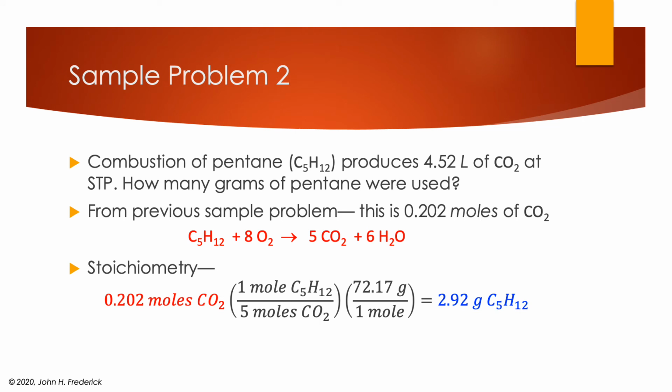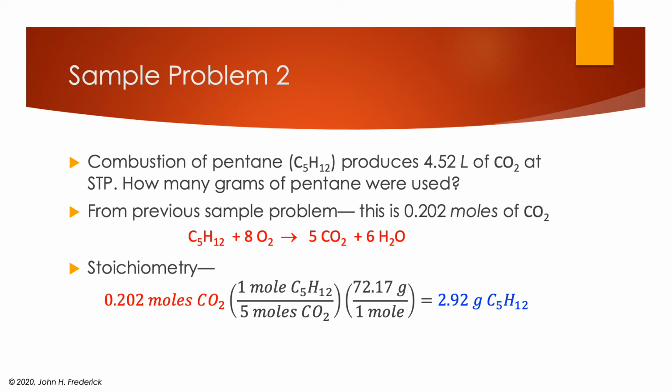I start with 0.202 moles of carbon dioxide. I then need to convert from moles of carbon dioxide to moles of pentane, and so I'm going to use the mole ratio from the balanced chemical equation. The coefficient in front of carbon dioxide is 5, and that in front of pentane is 1, so that's a 1 to 5 mole ratio.